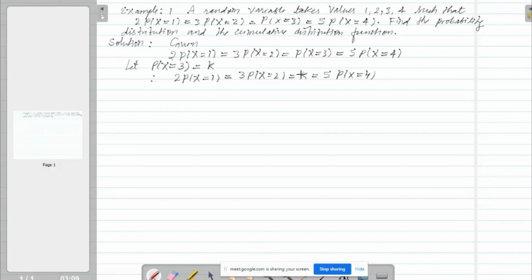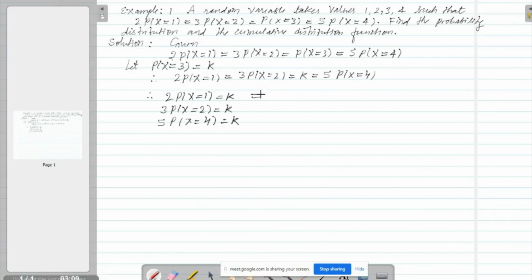So the value of everything is k. So here you can write 2 probability of x equal to 1 is equal to k, and 3 probability of x equal to 2 is also k, and 5 probability of x equal to 4 is also k.